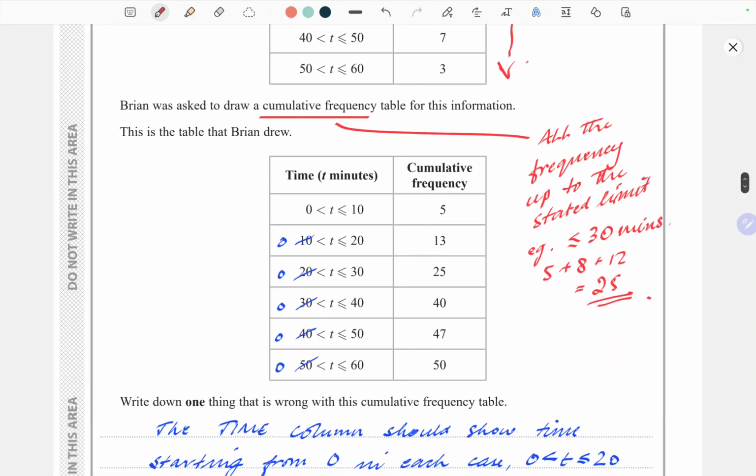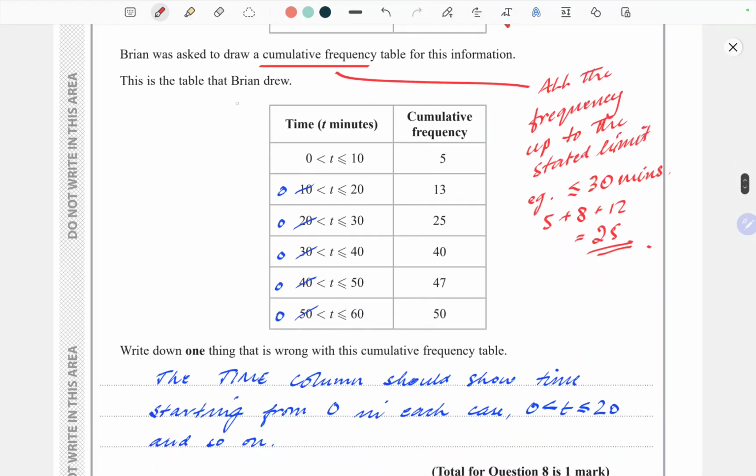Now, in this cumulative table that this Brian chap drew, they've kept the time categories as they were before, but they've added these up correctly. So all of this side is correct, but this is not, because each of those should start from 0.